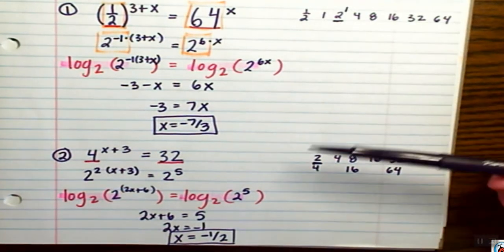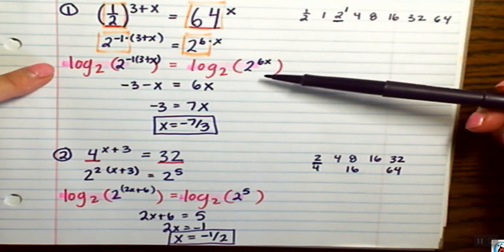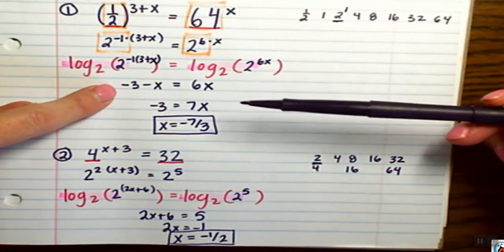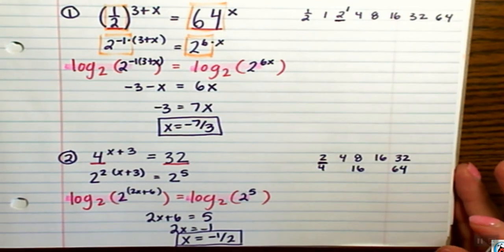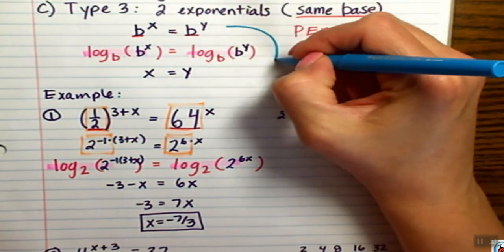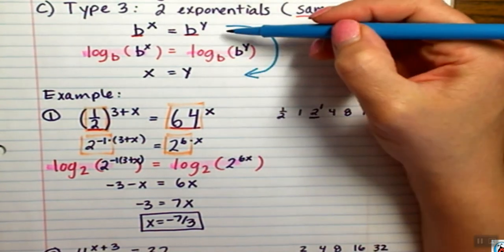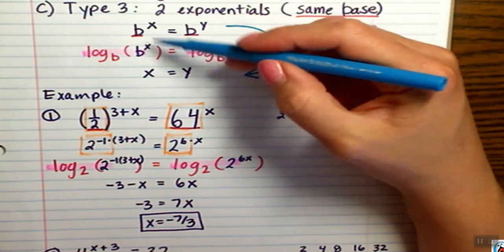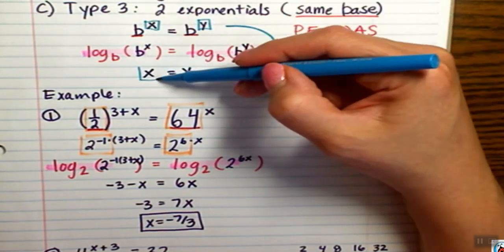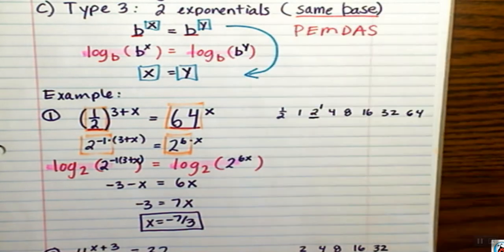And then we took the log of both sides and that base canceled out and we're left with just the exponents. Notice as I compare to this first part right here, if I end up with this statement, I know the implication is that the exponents are equal.